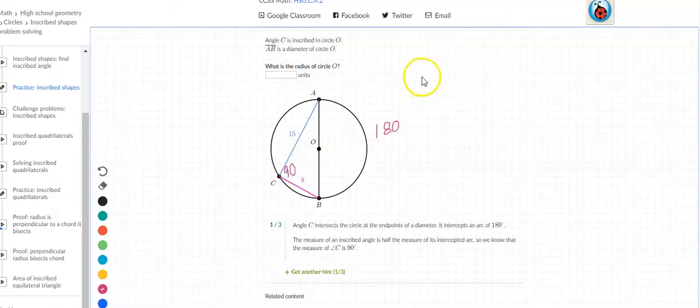So I have A squared plus B squared equals C squared. And my side AB is going to equal my C in the Pythagorean theorem. So I have 8 squared plus 15 squared equals C squared.